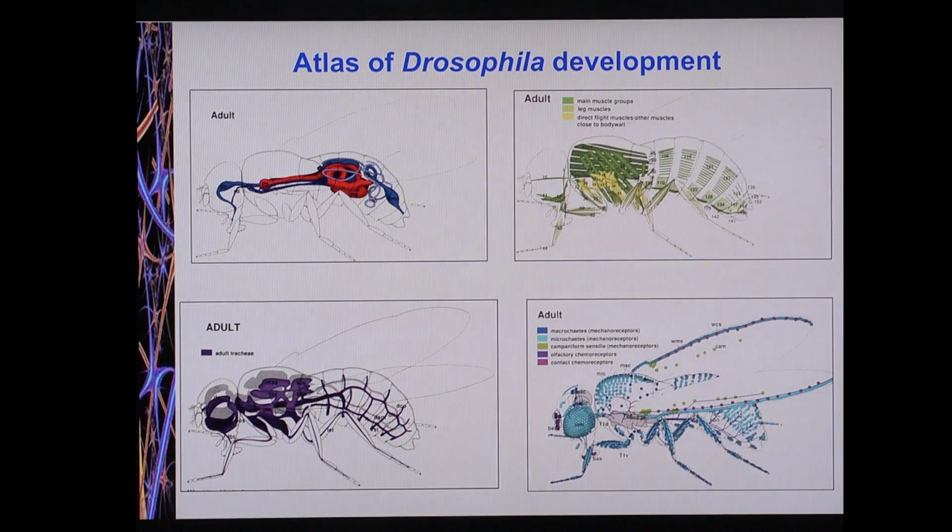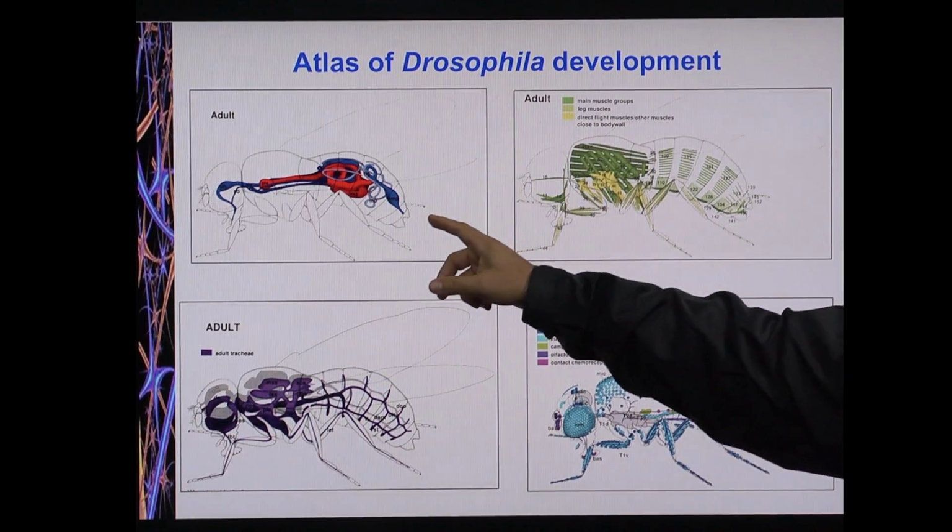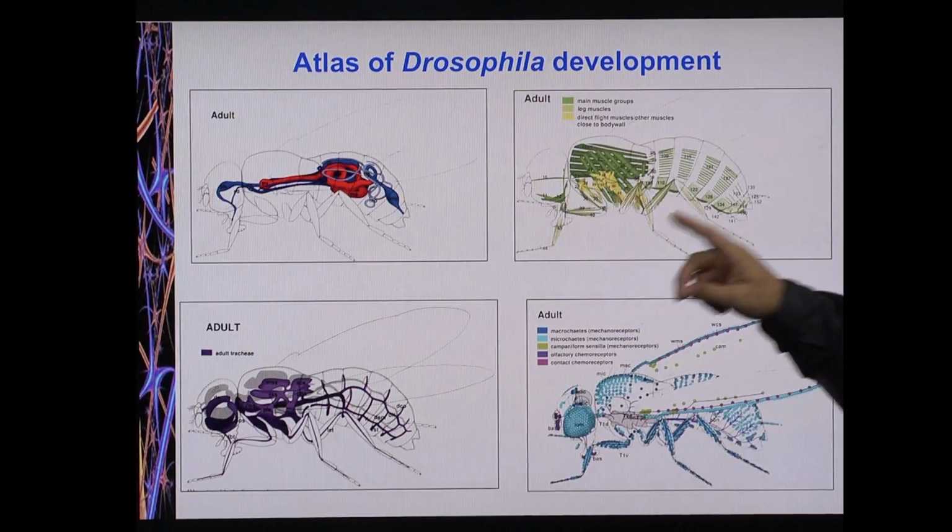Another important thing is that the fly has been in many biological laboratories for 100 years. Okay? There is a lot of information about the biology of the flies, about the anatomy. We know with extraordinary precision many details about the fly. We know what you can see here. This is the digestive system, the muscles.